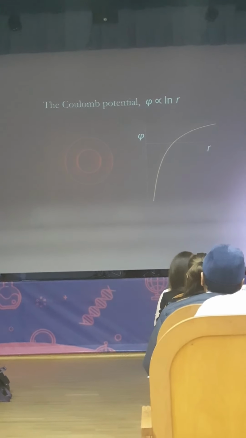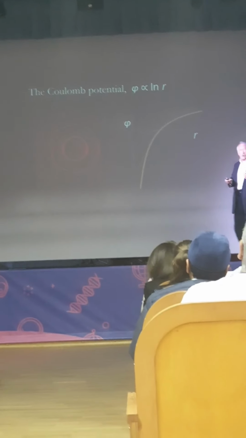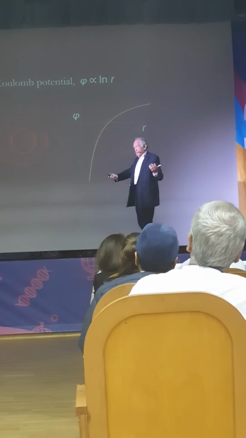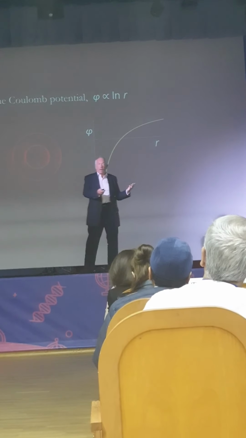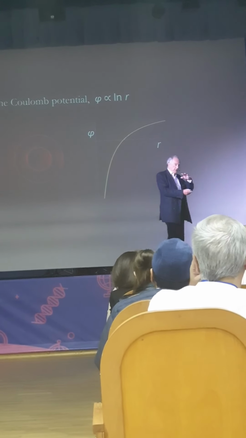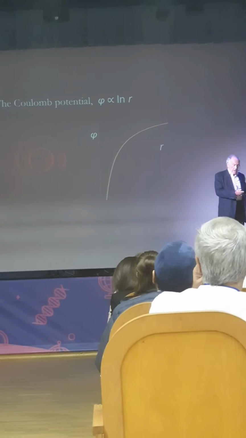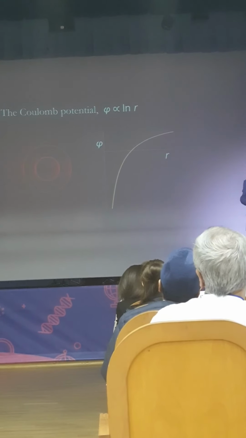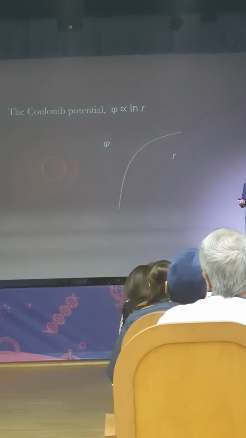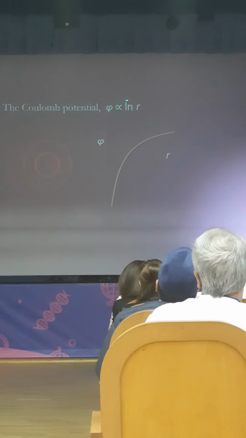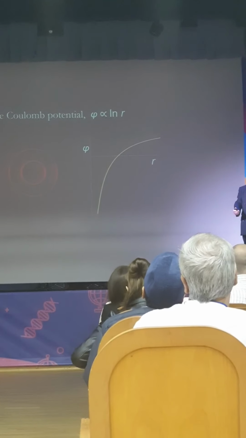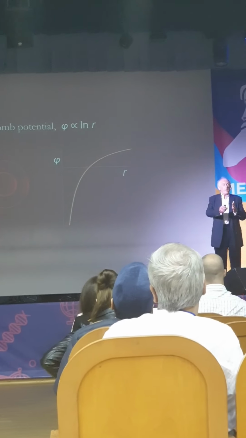The question though is, what is the Coulomb potential in flatland? What is the Coulomb potential in 2 dimensions? Well, by arguments that I would be happy to take you through, but I will not go through at the moment, in 2 dimensions, the Coulomb potential is a logarithmic function of the radius.